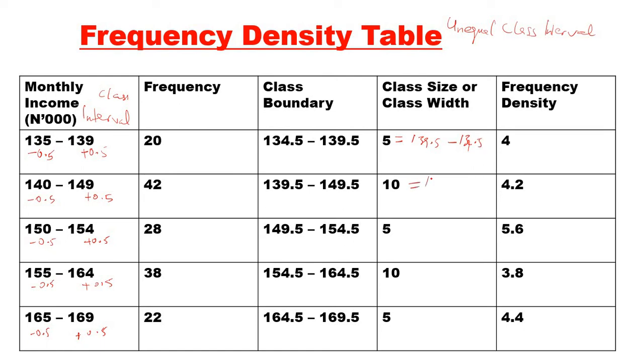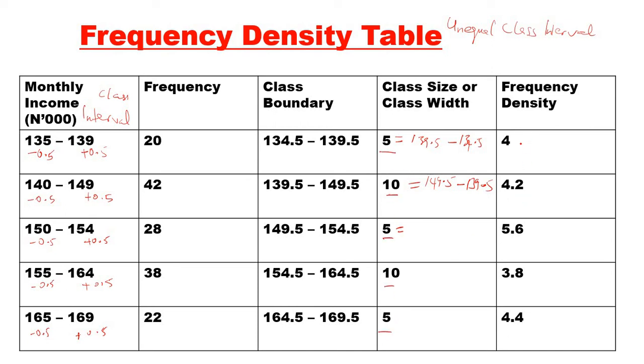This one is 149.5 minus 139.5. Keep doing the same. The bounds help us to know the size, and that is how we discover that we have unequal class intervals here. So we have 5, 10, 5, 10, 5.